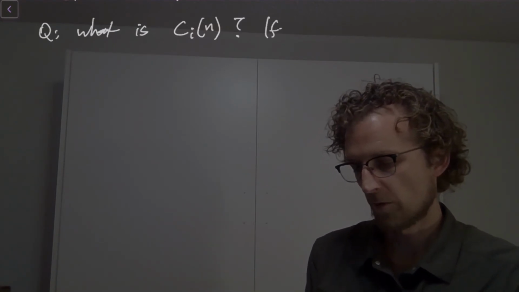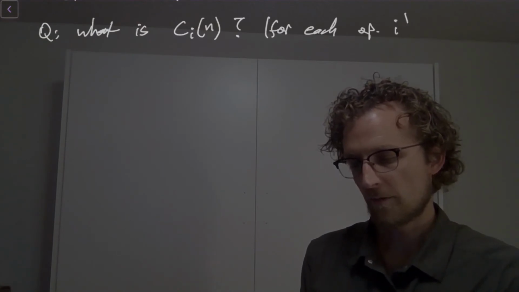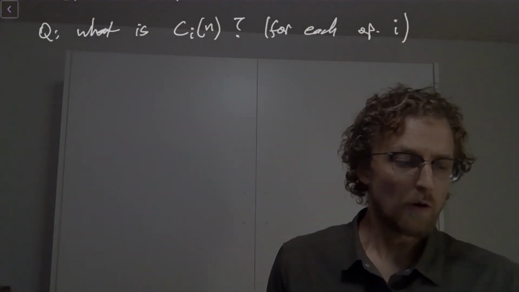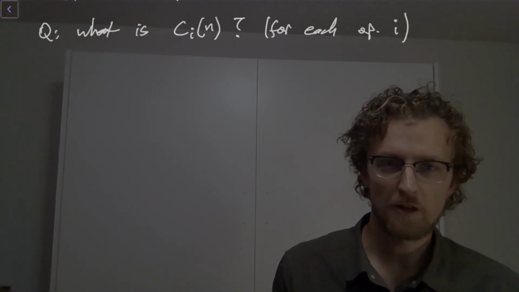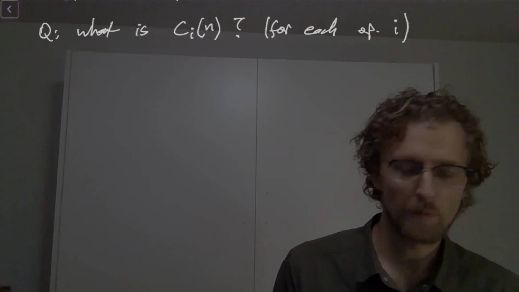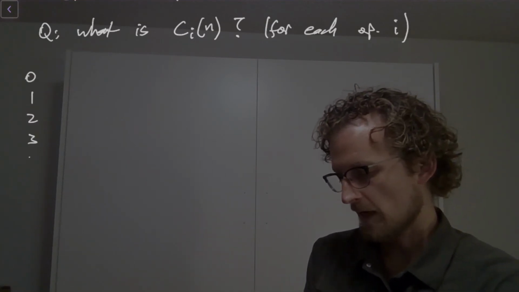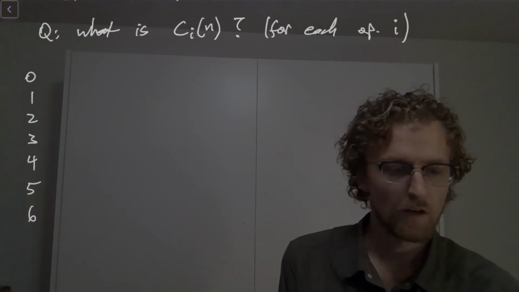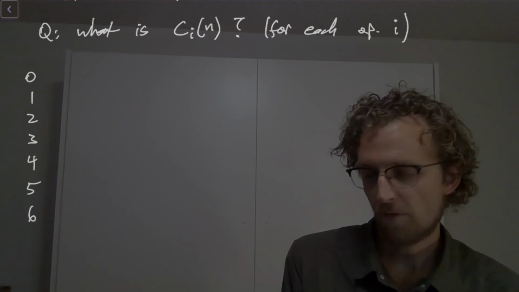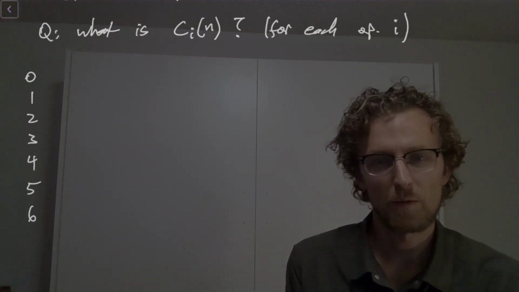So this is for each operation i. I have a listing of this, and there are actually 3 different answers that I have put together in my table. So let me write 0, 1, 2, 3, 4, 5, 6, and then 3 different kinds of inputs where we'll evaluate this.